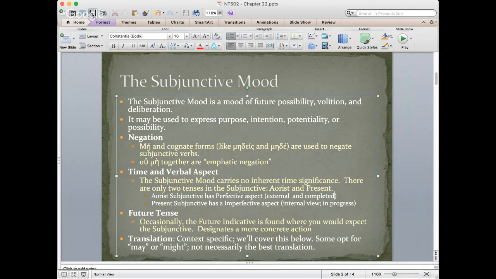Absolutely. Okay. So occasionally the future indicative is going to be found where you might expect the subjunctive. You might expect a subjunctive, but instead there will be a future indicative there. And it's going to designate a more concrete action. We'll get to talking about that.